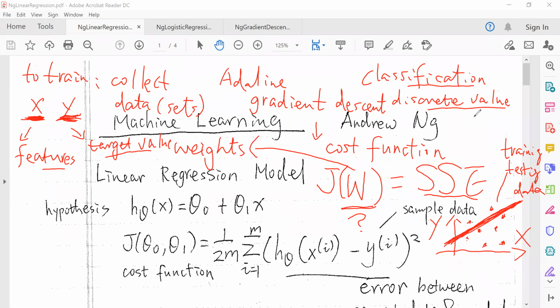So it separates the data into two classes. This is class 1, this is class 2. That's Adaline. Then what does the sum of square of error mean here?